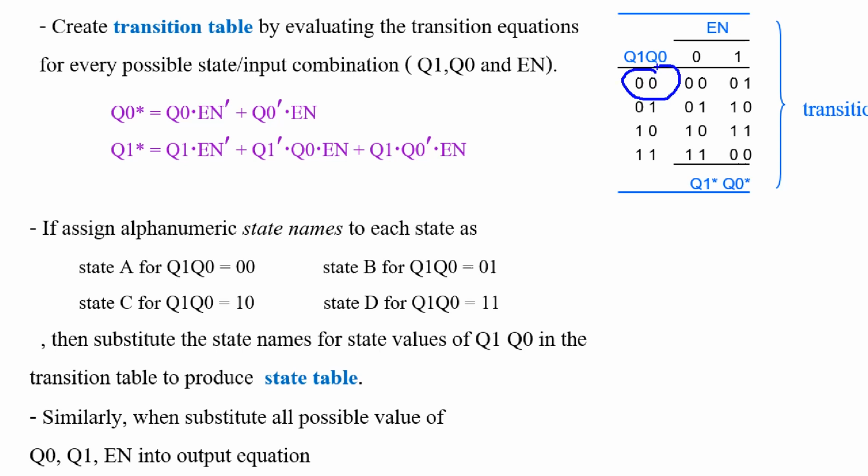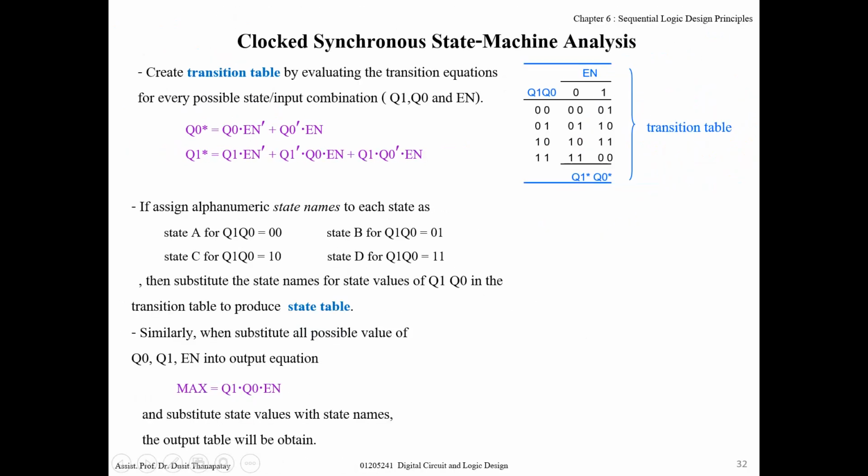For example, let's name state 00 as state A, state 01 as state B, 10 as state C, and 11 as state D. Then you replace every state 00 with A, 01 changes to B, 10 changes to C, and 11 changes to D. When you change from binary to alphabet or some name, you call this table the state table.